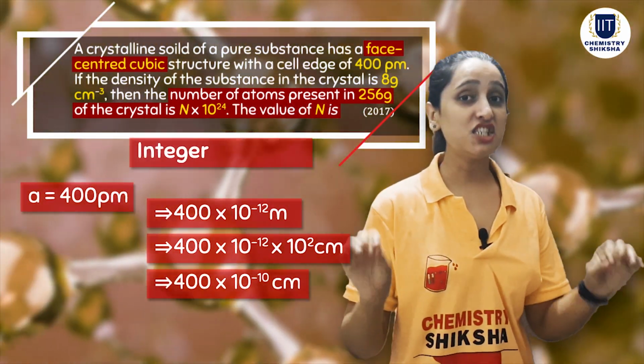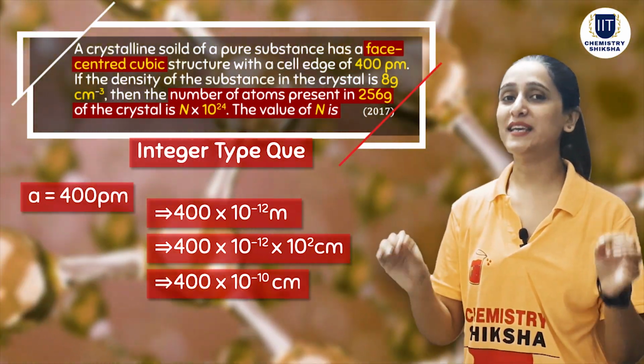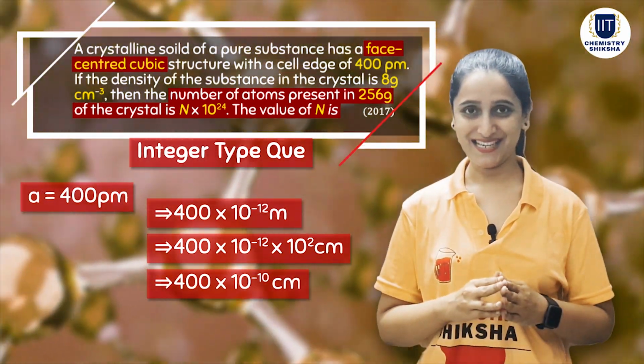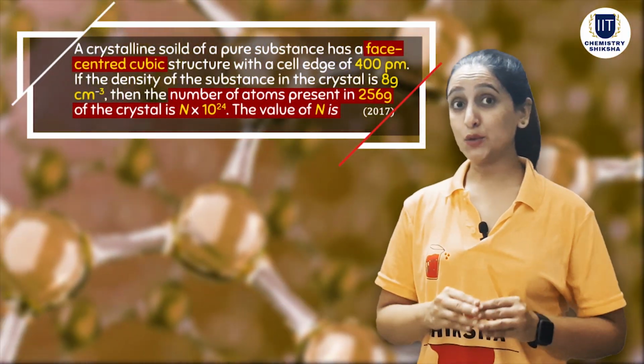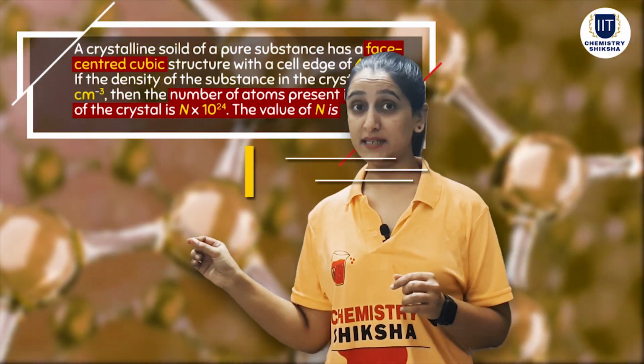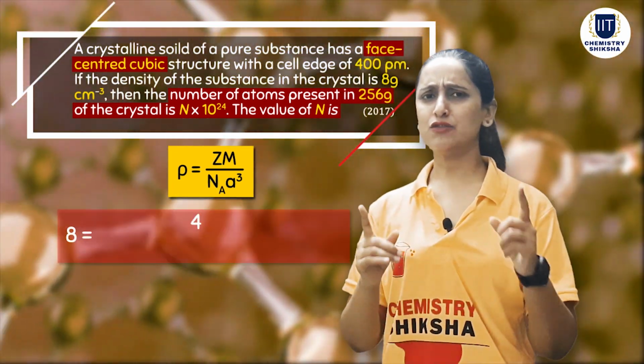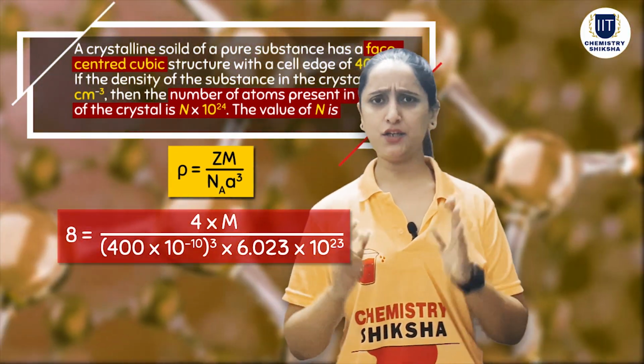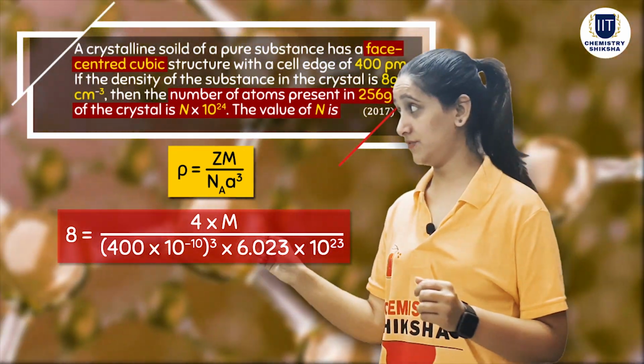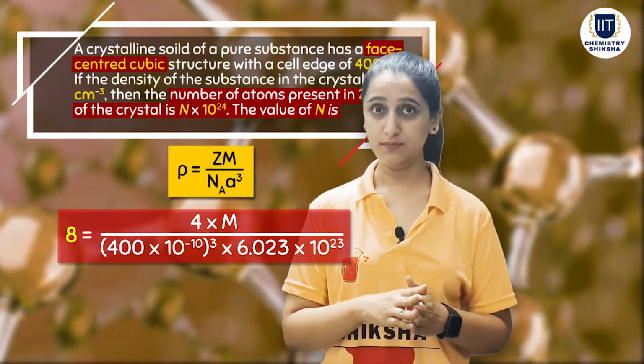So it is an integer type question from JEE Mains 2017. So let's start with the solution. The formula to calculate the density of a cubic crystal is ZM upon Na into a cube. Now substituting the values which are already known to us. Value of density is 8 gram per centimeter cube.